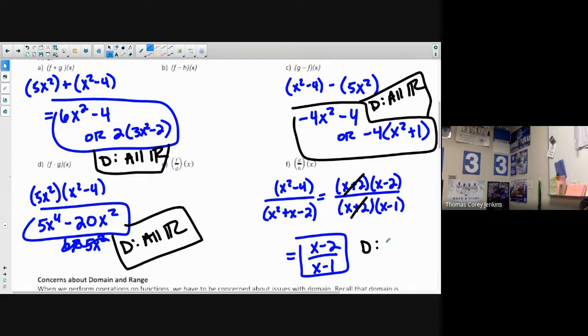Domain is all real numbers except x cannot be 1, okay? And then you also have to think about before we cancel, okay? So x also could not be negative 2 because of this factor right there. x cannot be positive 1 or negative 2.